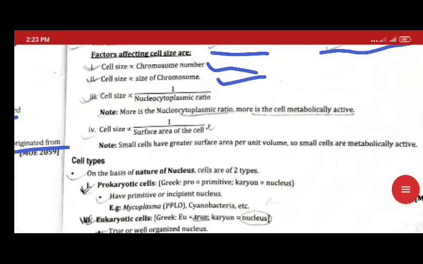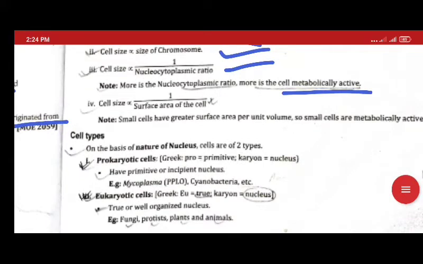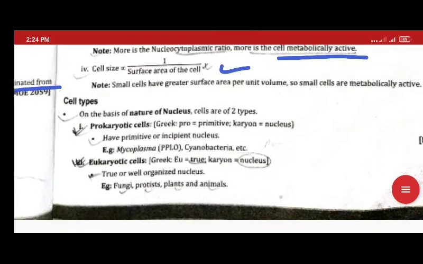If cell size increases, the nucleocytoplasmic ratio decreases, then cell metabolic activity also decreases. Surface area is inversely proportional to cell size. So a small cell has high metabolic activity.